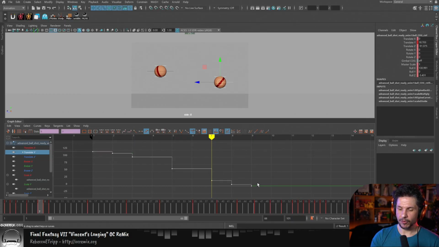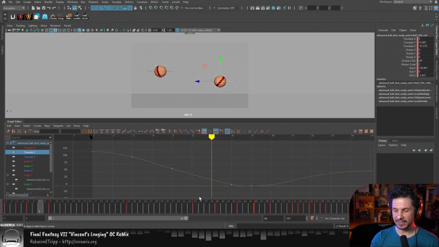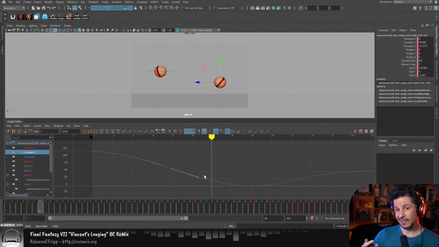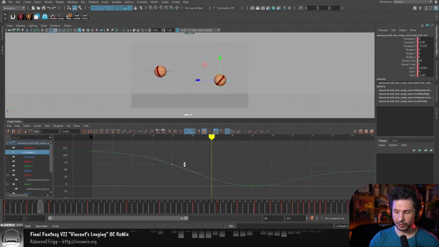Now, like I said before, we don't usually encounter this in CG as much because the computer is very good at giving us these transitions and in-betweens. But we can still apply the idea of it. So for example, here, instead of having this curve right in the middle, I could just push that up to favor the top key.